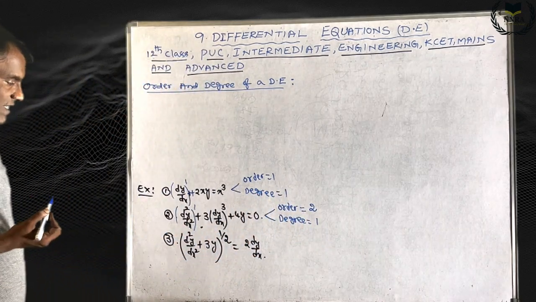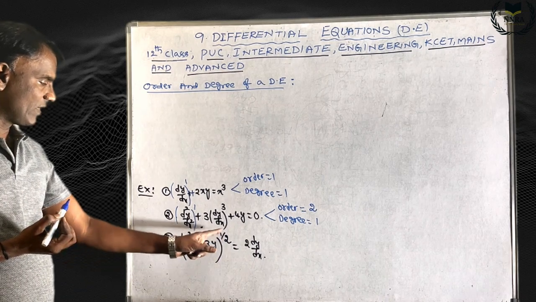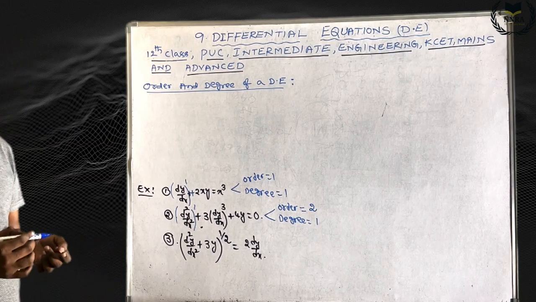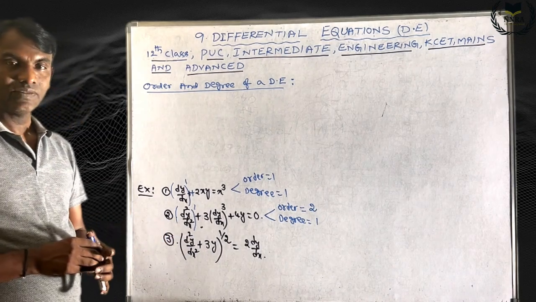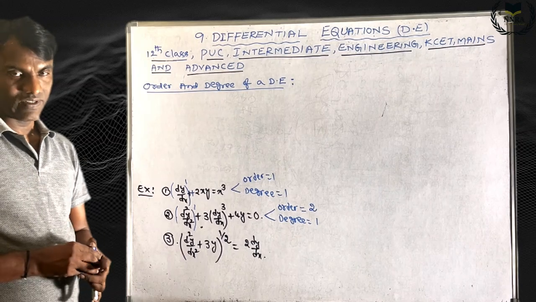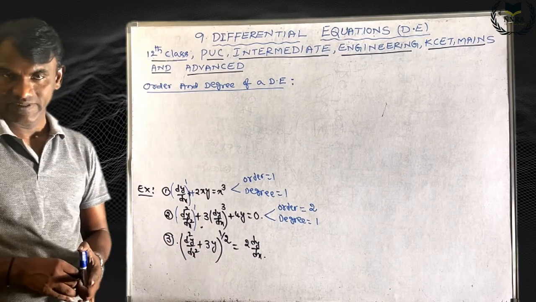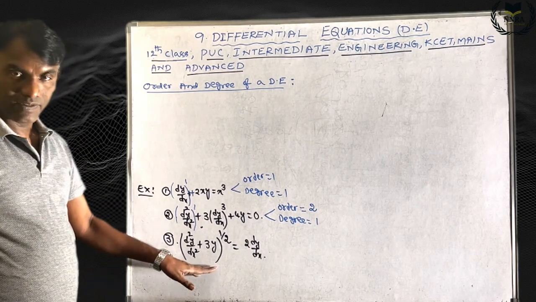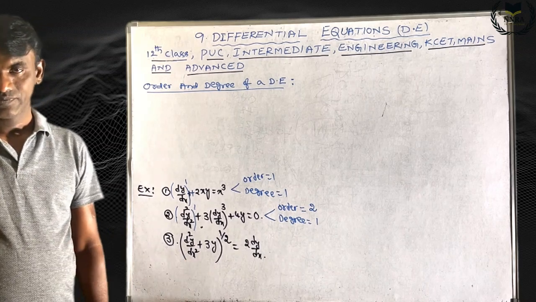And coming to the third example, d square y by dx square plus 3y power 1 by 2, meaning the whole power, equal to 2 dy by dx. For this, the order is d square y by dx square only. Why? Because this is the first order derivative, this is the second order derivative. And coming to degree, as of now, if we take this equation directly, we say that the degree is not possible.